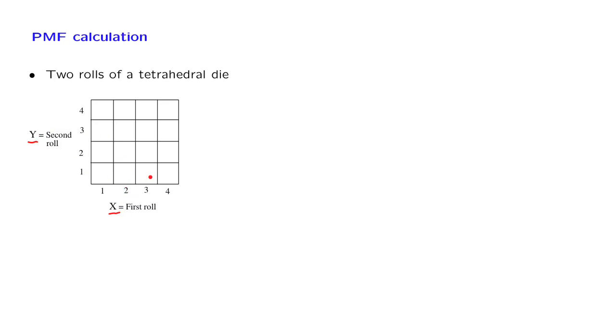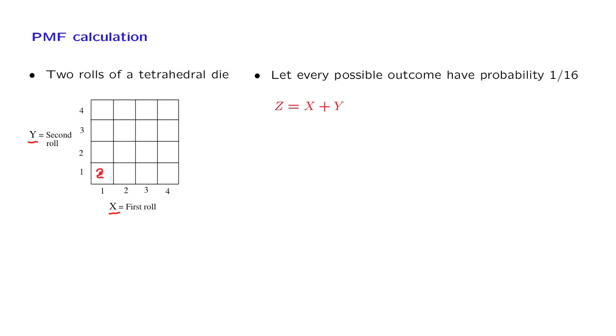In order to do any probability calculations, we also need a probability law. So to keep things simple, let us assume that every possible outcome, there are 16 of them, has the same probability, which is therefore 1/16 for each one of the outcomes. We will concentrate on a particular random variable Z defined to be the sum of the random variables X and Y. So if X and Y both happen to be 1, then Z will take the value of 2.